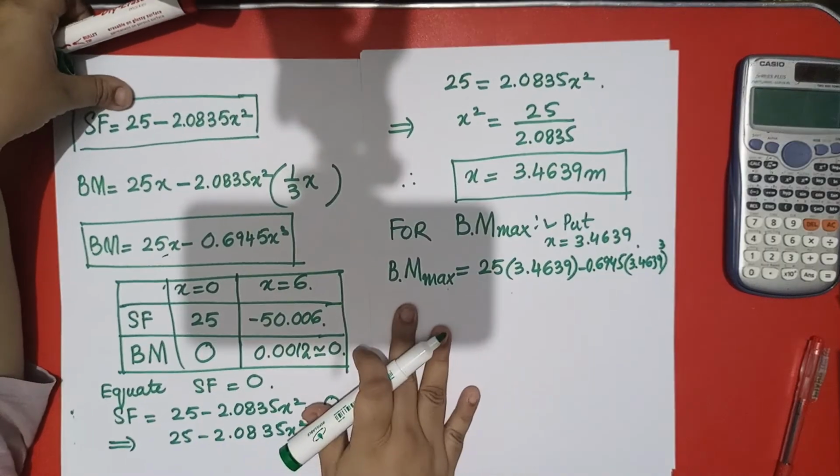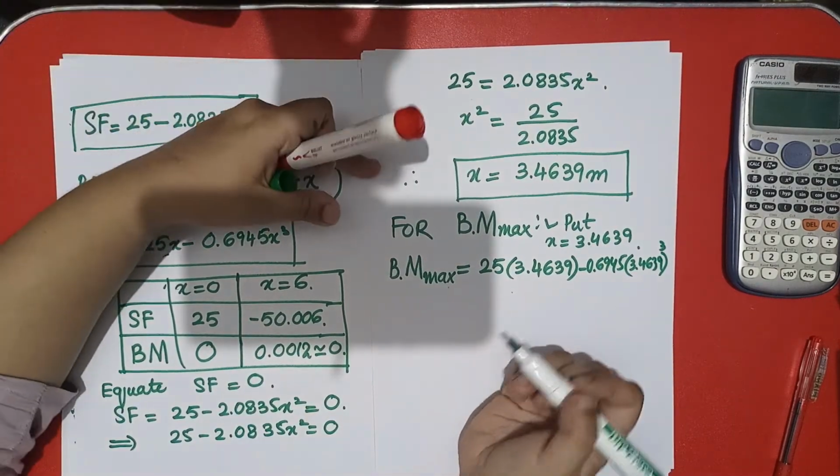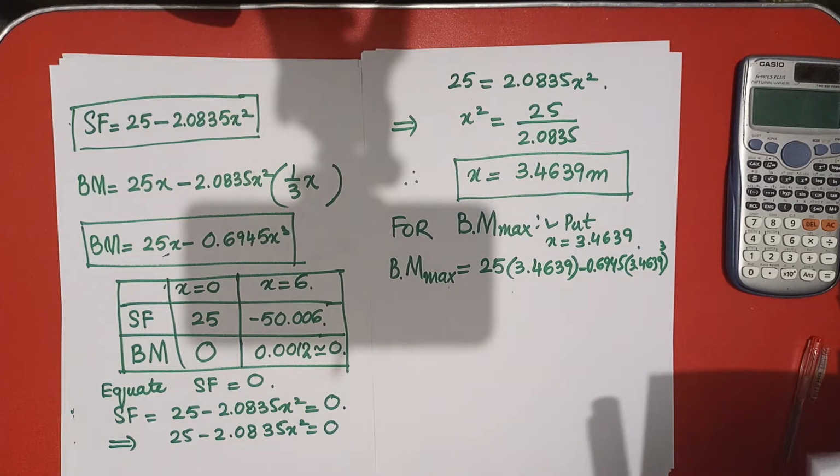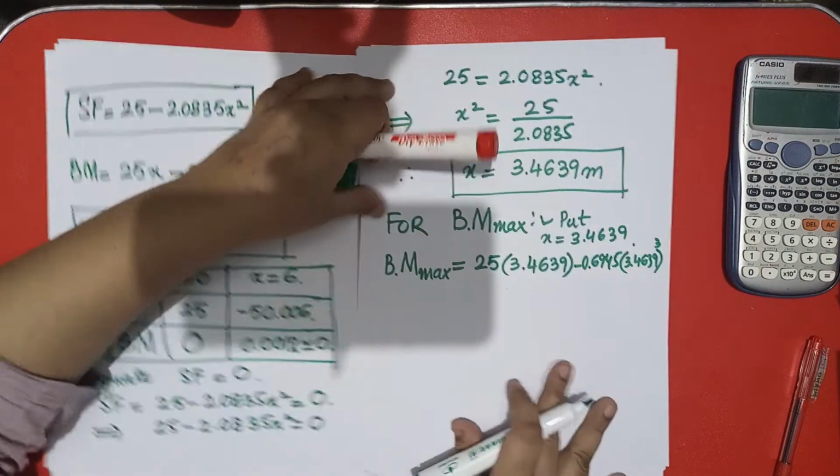This is the equation of bending moment, and now I have to solve it and find its value. On this value of x, I will get the value of bending moment that is maximum.